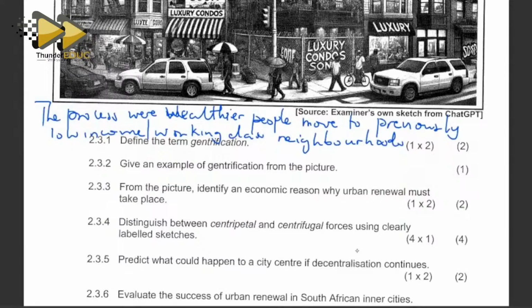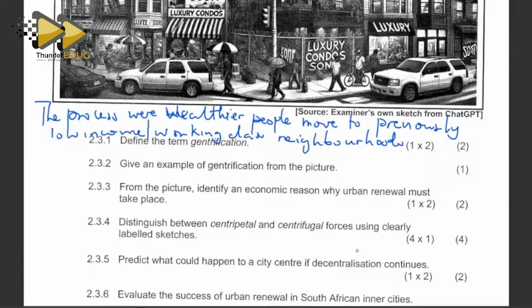So we are saying with gentrification, it's a process whereby the rich people or the affluent people are moving to areas that were previously low income areas and also areas that were designed for the working class. So that's the process of gentrification.